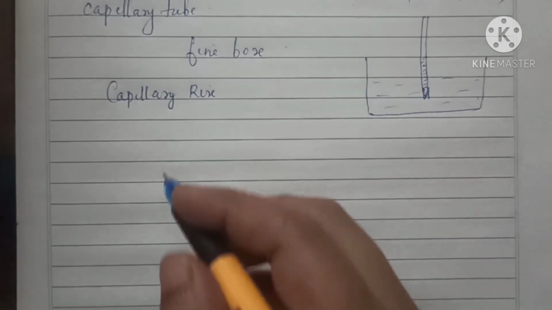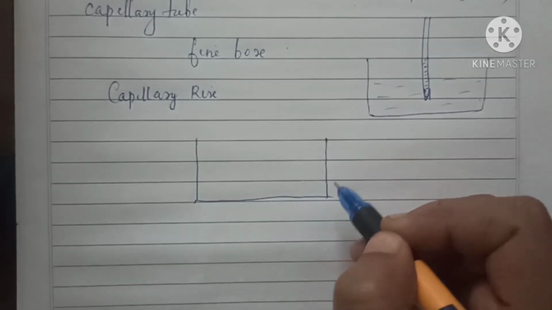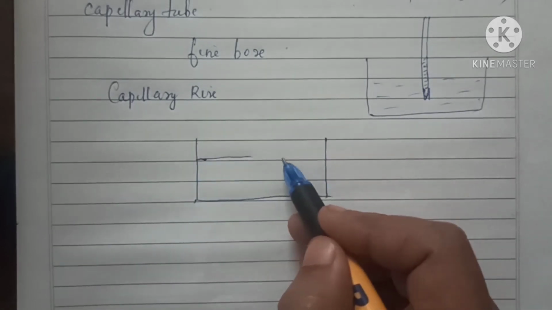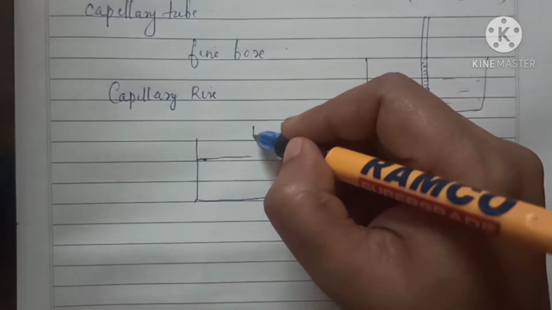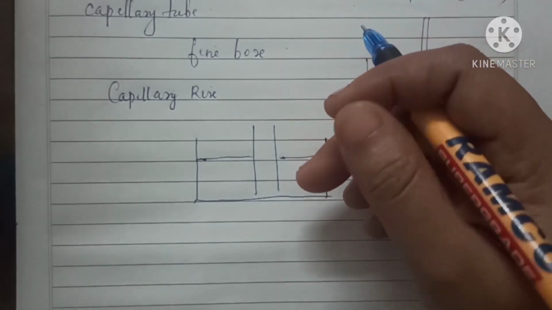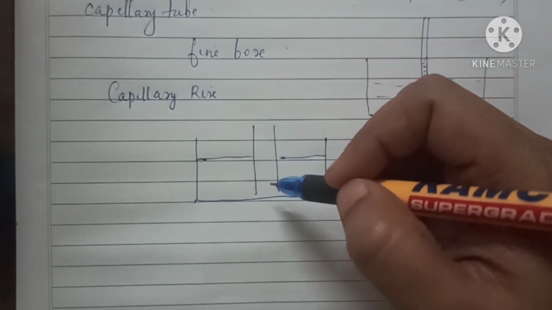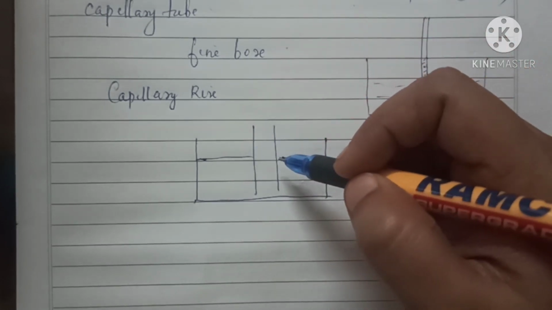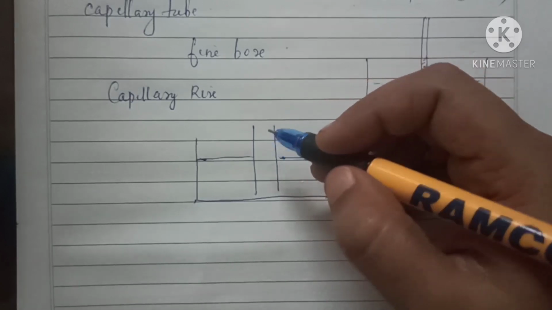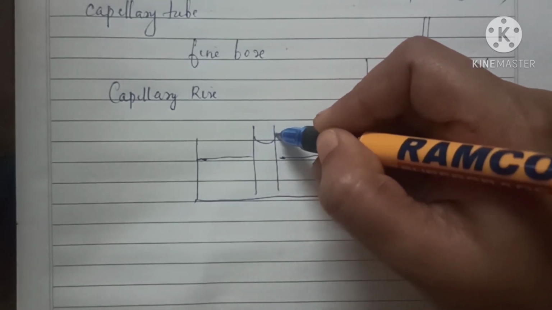So here you are assuming a beaker containing water. Okay. Now you have dipped a capillary tube here. Actually it is a very fine bore, but just to understand I made it thick. Okay. Now when you dip it in a liquid like water, you can see a concave meniscus here.